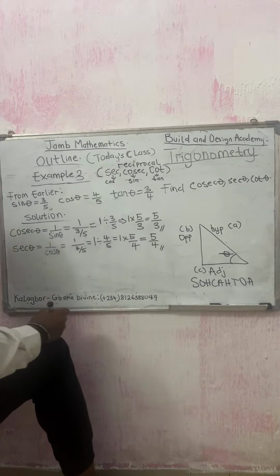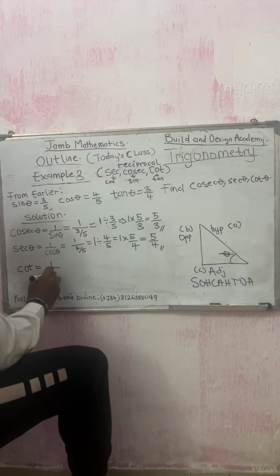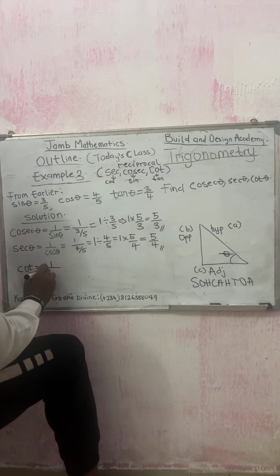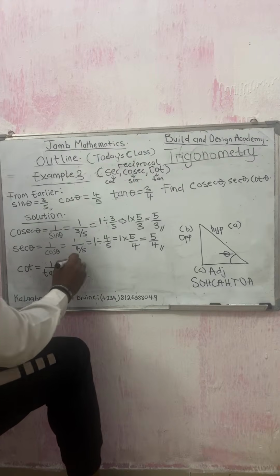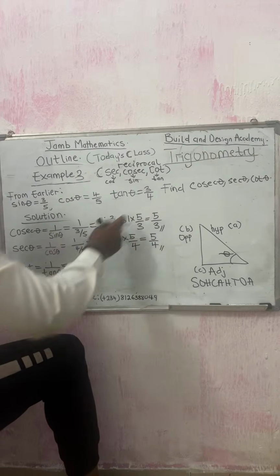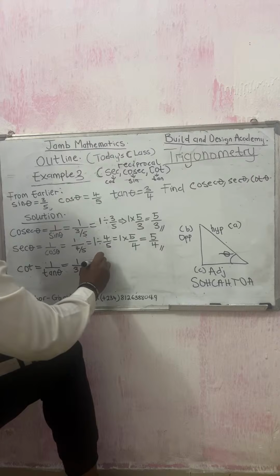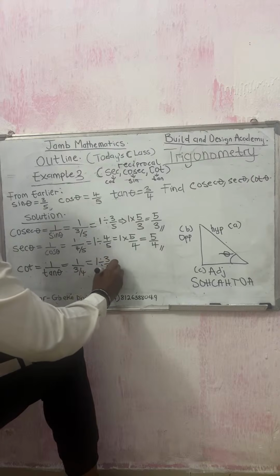And for cot theta, which is the inverse of tan theta, that is 1 over tan theta. So we have our answer to be 1 over, what is our tan theta? See our tan theta over here, 3 over 4. So I'll have my answer to be 1 divided by 3 over 4.